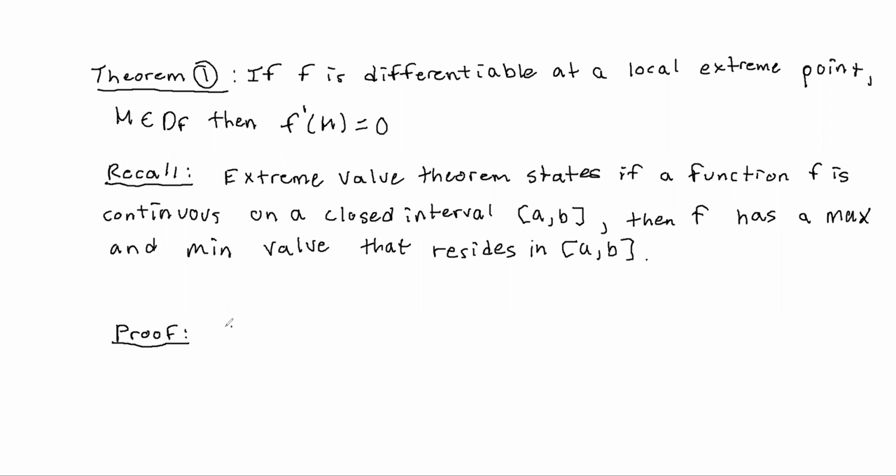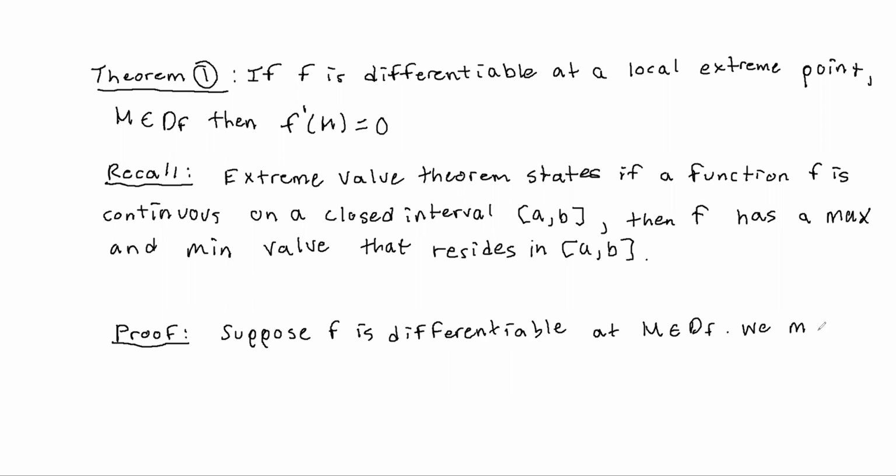First I'm going to suppose f is differentiable at mu in the domain of f, right? That's what the theorem says. So we must show f prime of mu equals 0.